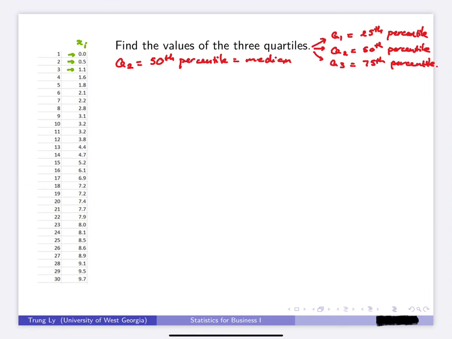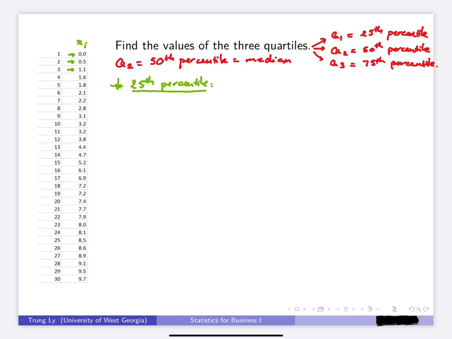So let's go ahead and do this problem. Let's look at the 25th percentile. Now the data points have been arranged in ascending order for us, so step 1 has been taken care of.